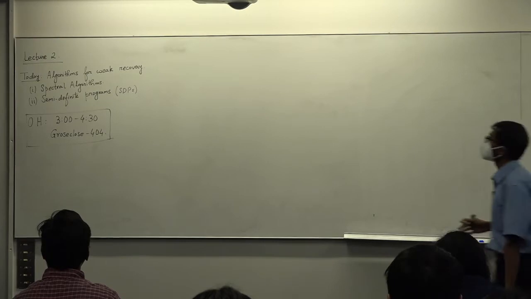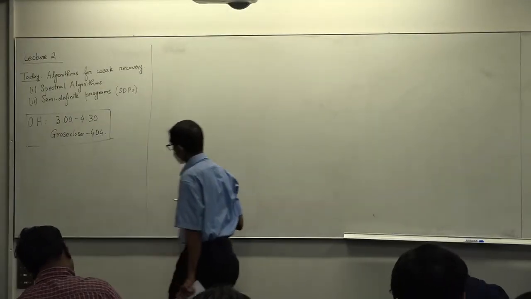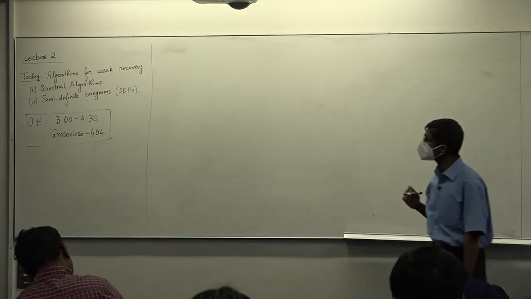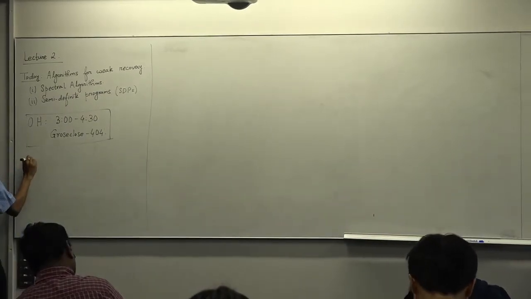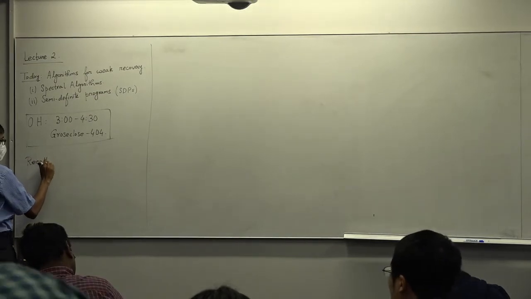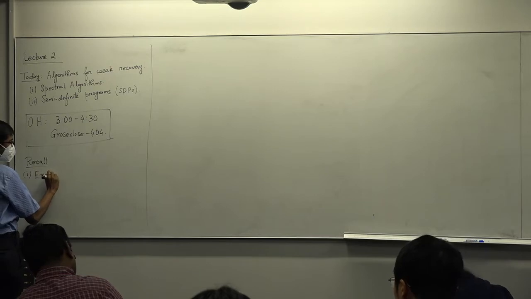So we'll continue from where we had left off yesterday. Just to recall, we had introduced our main examples: Z2 synchronization, community detection for the block model, and community detection with contexts.